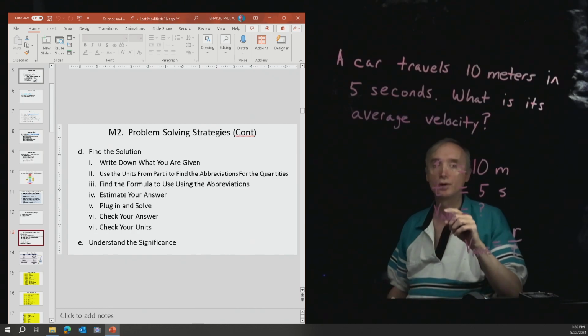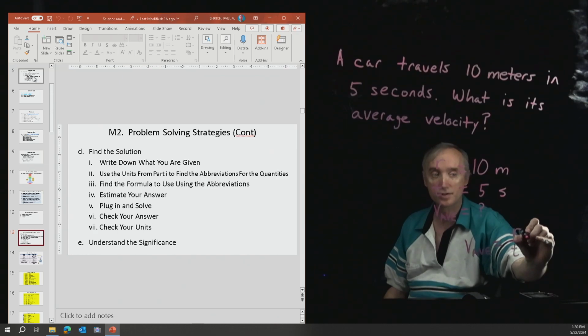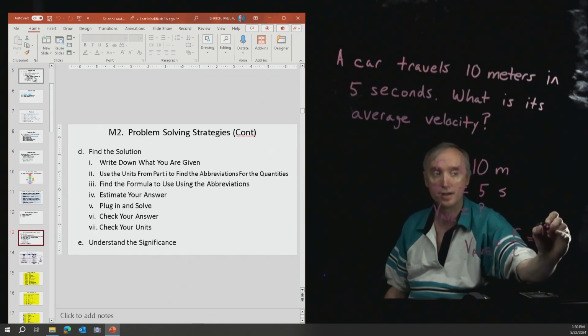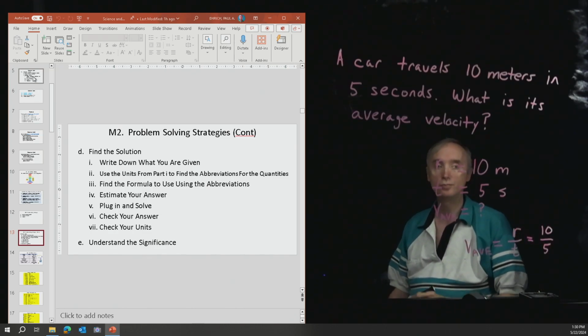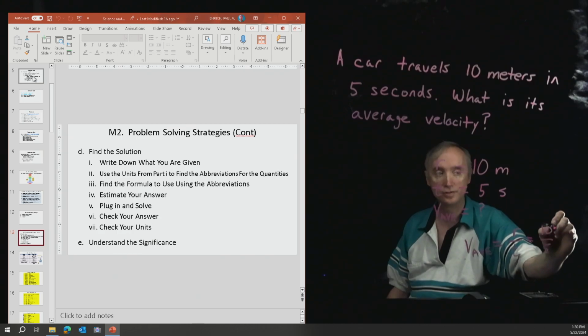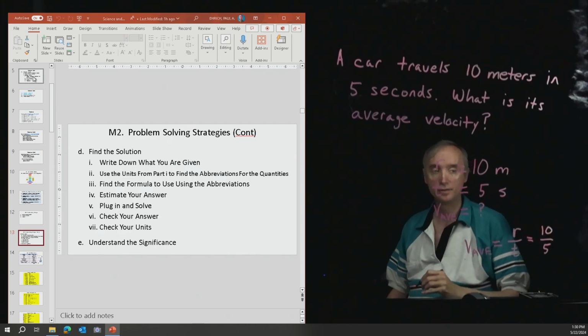So now we're going to plug in the numbers and then solve. So instead of the letter R, we're going to put the 10, and instead of the letter T, we're going to put the 5. Now if you want, you can put the units in there. So you could put 10M and then 5S in there if you want, but you don't have to.